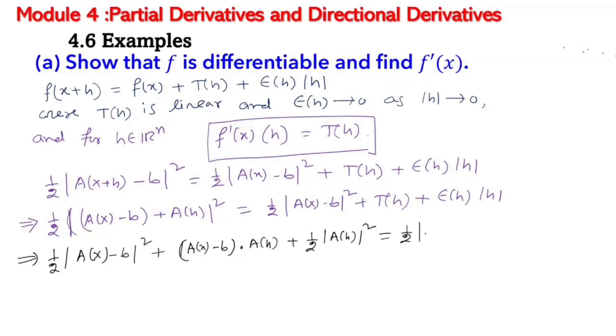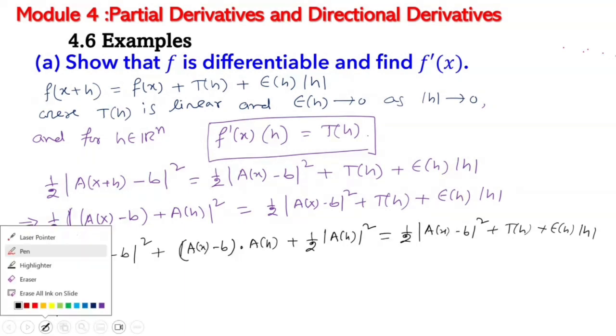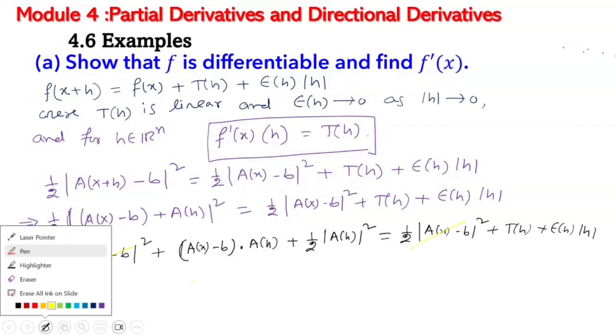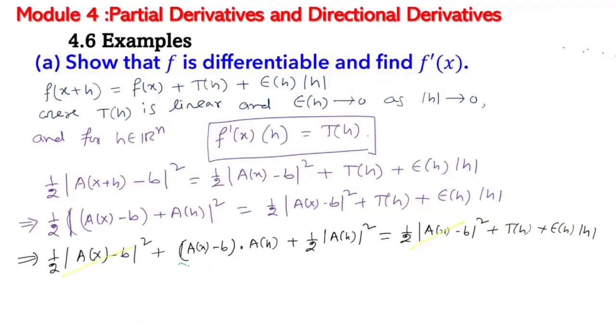So this is equal to half of Ax minus b whole square plus th plus epsilon h times the absolute value of h. If you compare this, this will cancel out with this term, and then we get a relation here. This one will be th and this one epsilon h times the absolute value of h.